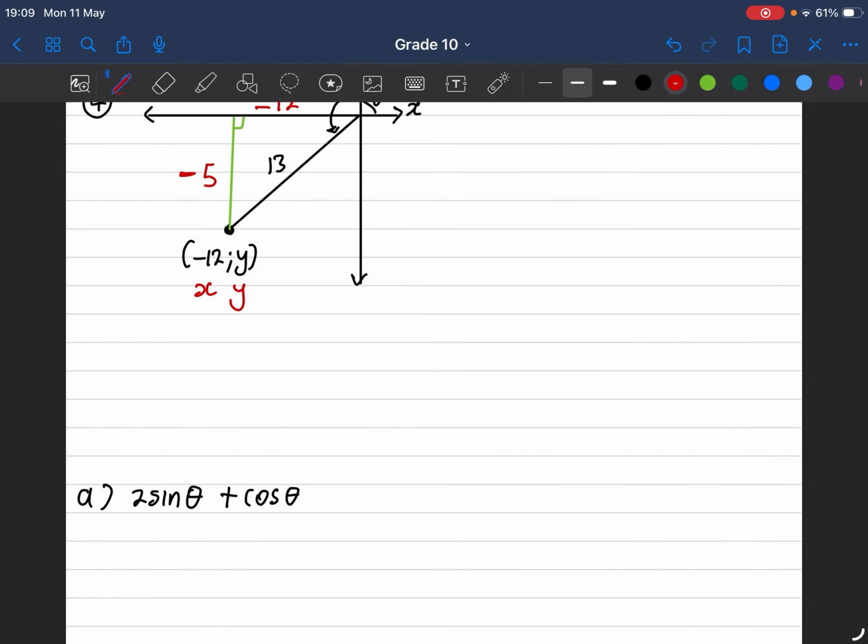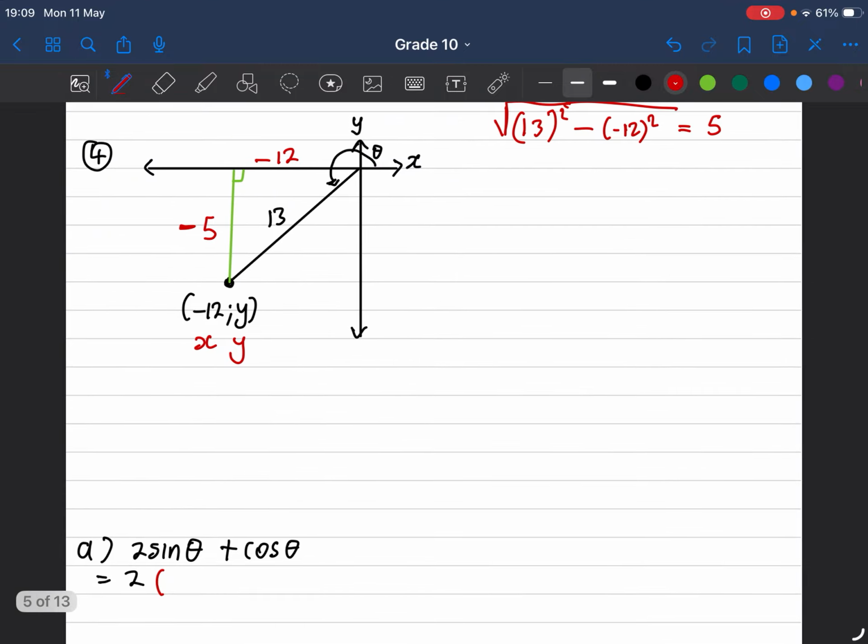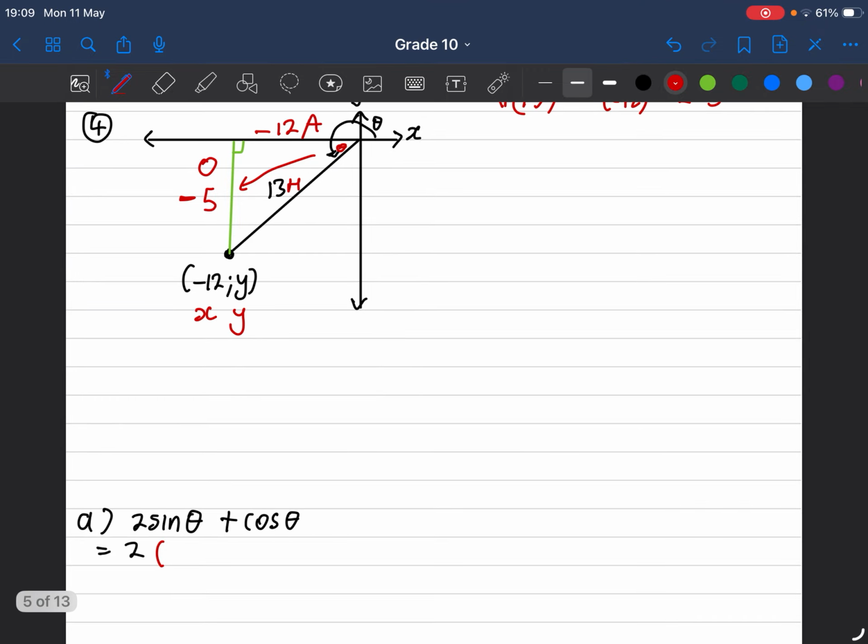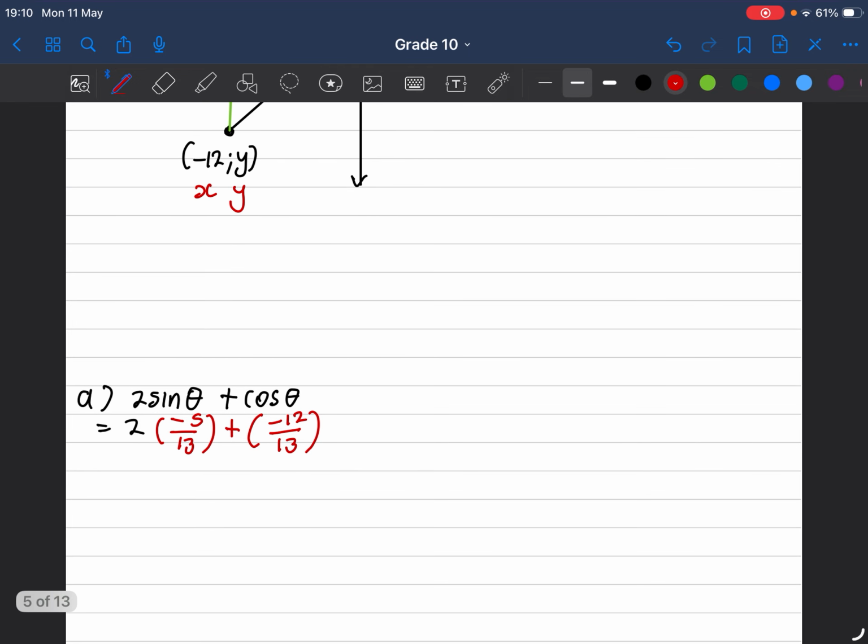Now we ask ourselves 2 sine theta plus cos theta. So this is equal to 2 sine theta. We move our angle into the triangle. So this is our opposite, this is our adjacent, and this is our hypotenuse. So negative 5 over 13 plus adjacent over hypotenuse is going to be negative 12 over 13.